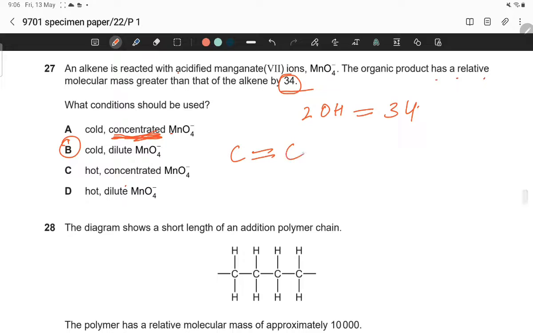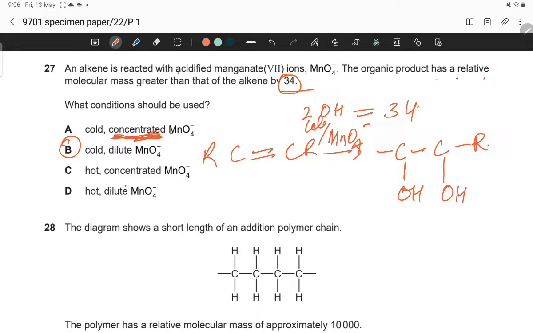If an alkene reacts with MnO4 negative, it must be in cold dilute conditions, so it forms a diol. So addition of 2 OH groups increases the molecular mass by 34. So it would be correct.